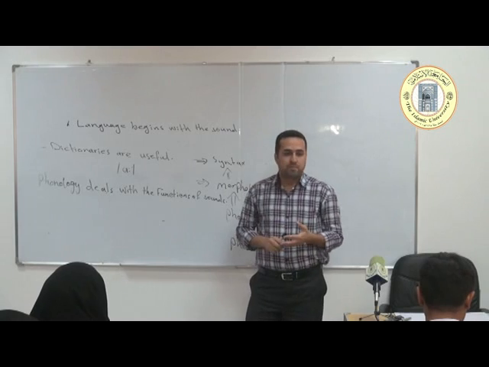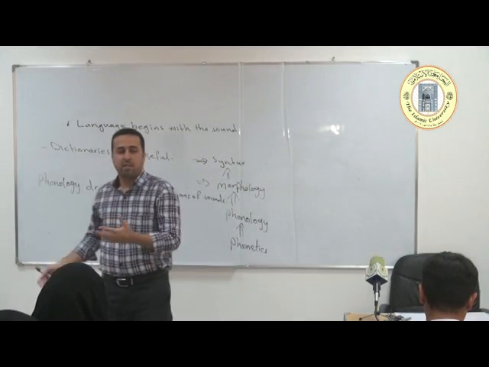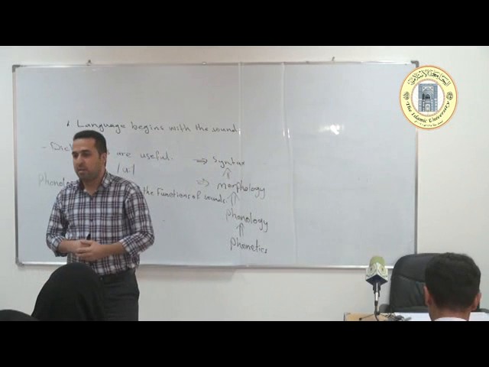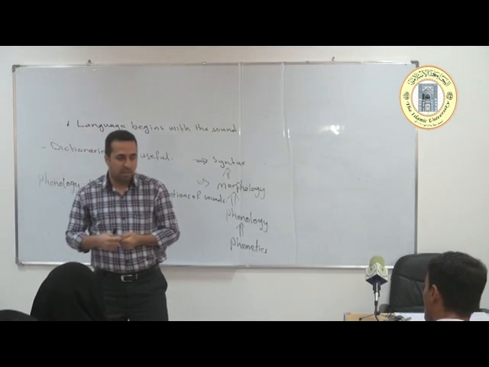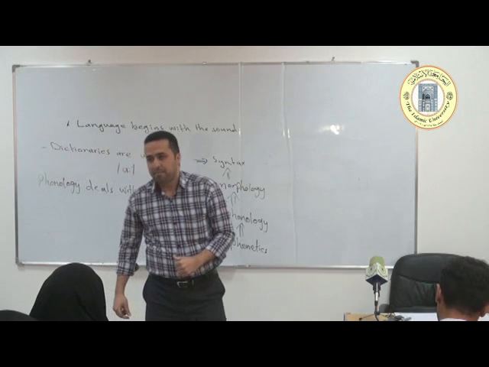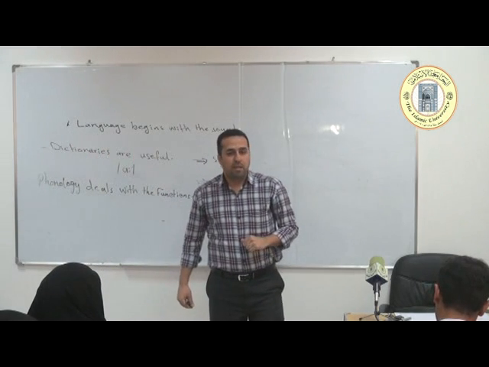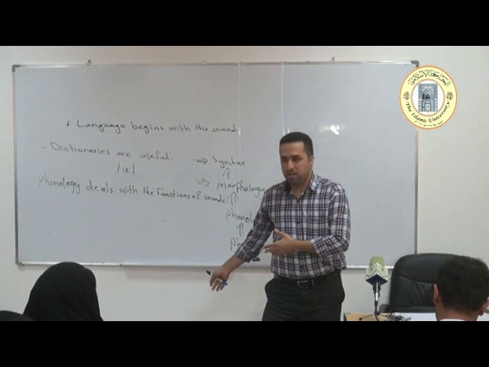Okay? So, the traditional distinction between vowels and consonants is what? The way of production, right? But still we have some problems here. Like, for example, the h sound. This is also considered what?